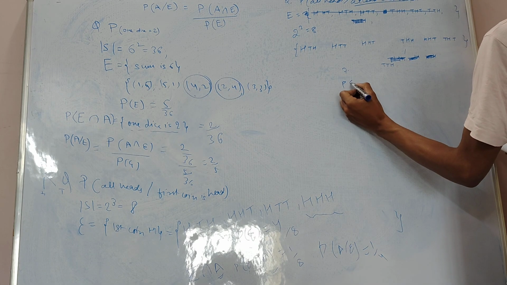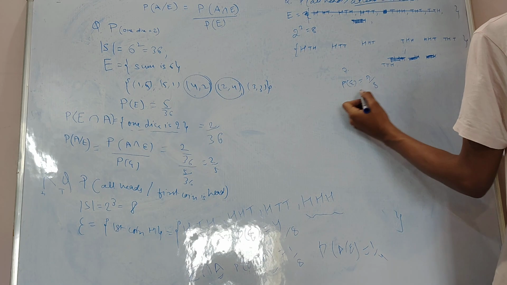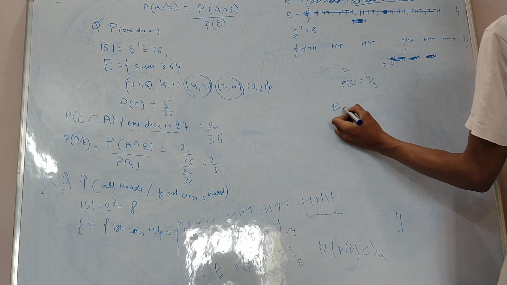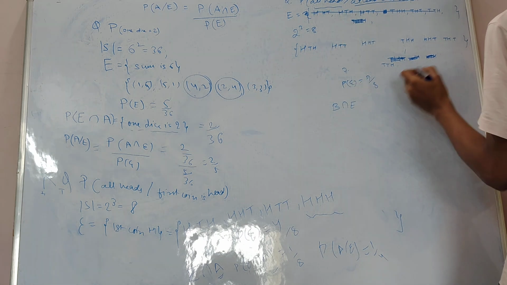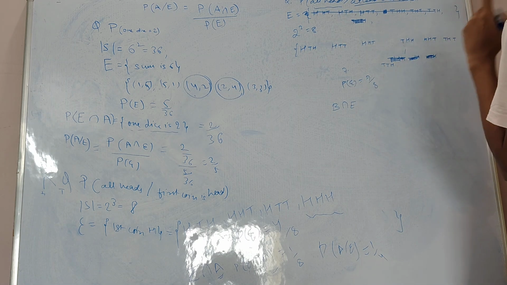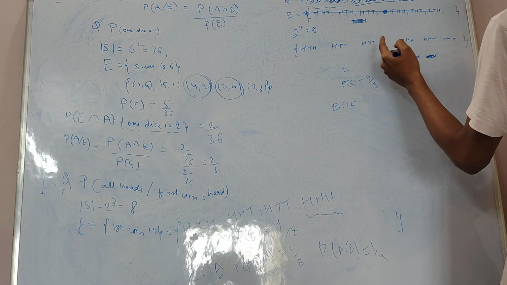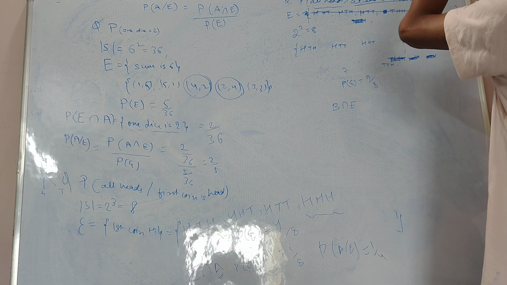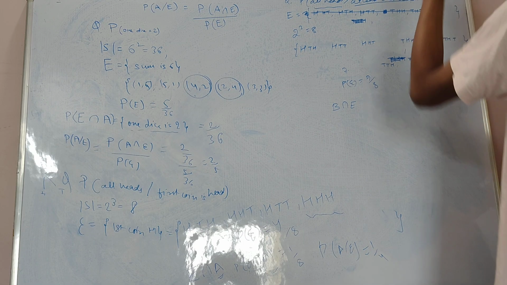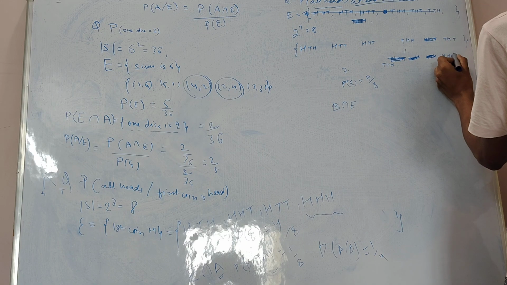So probability of E will be 7 by 8, and in this B intersection E, all 3 coins should be head, so there is only one more case, head, head, head, right?